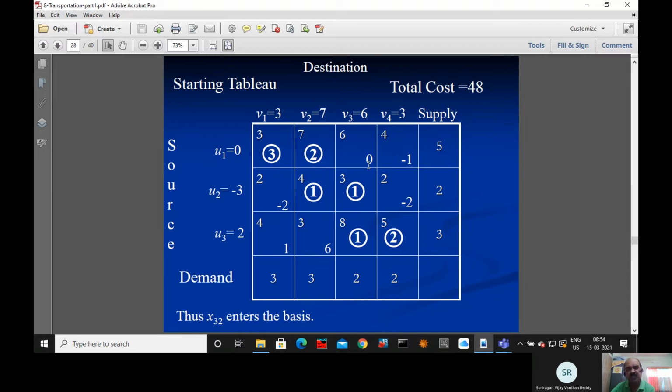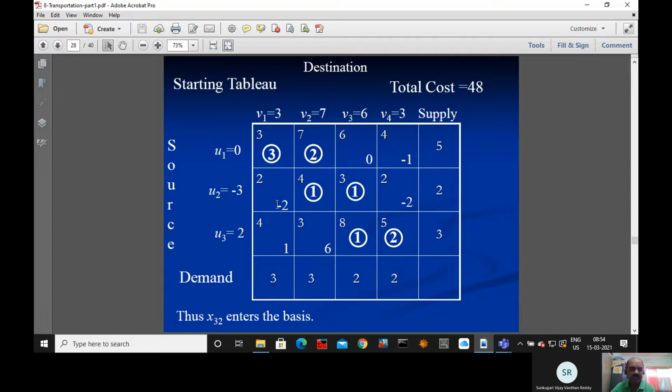If it is positive, it is not fulfilled. If it is 0 or negative, it is fulfilled. So it is fulfilled because it is 0. Next, U1 plus V4, 3 minus 4 equal to -1. It is negative, it is fulfilled.